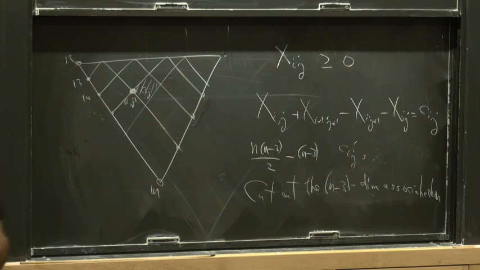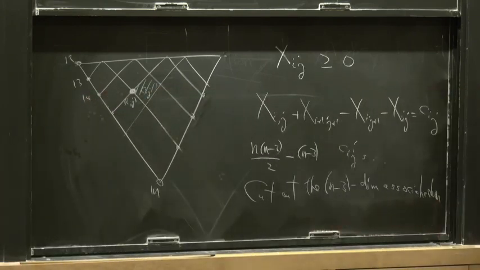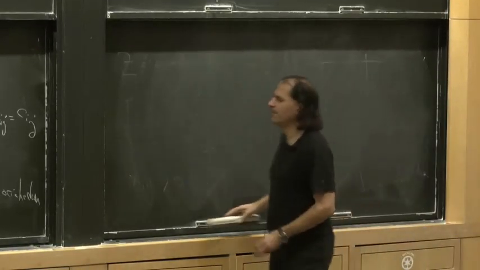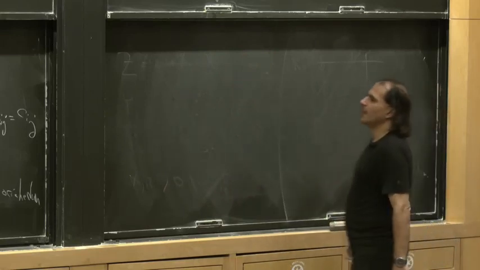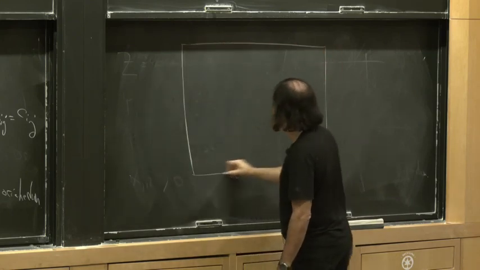Okay, but now let me say, so this is the geometry. So now my kinematic space is X space.